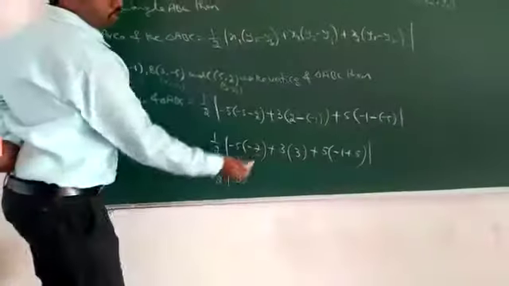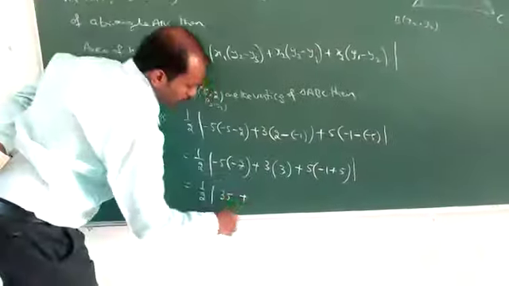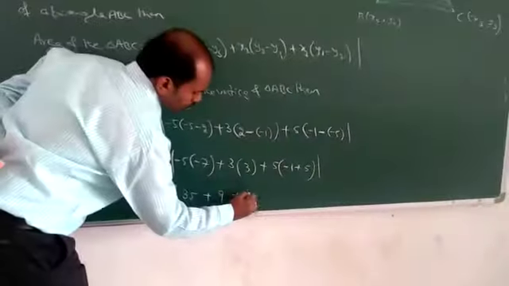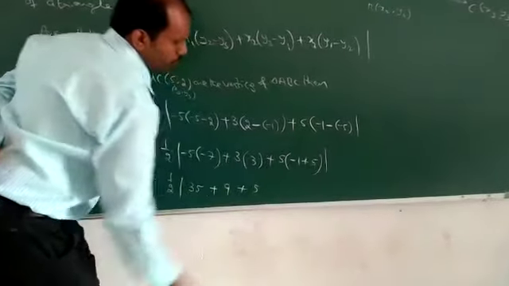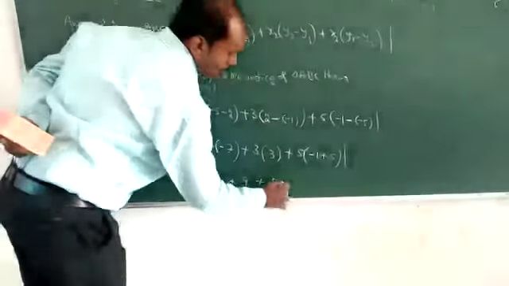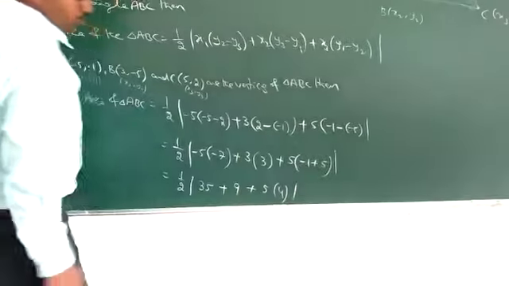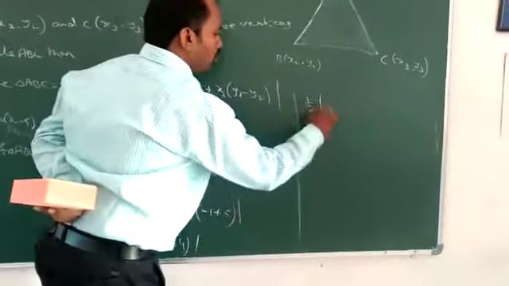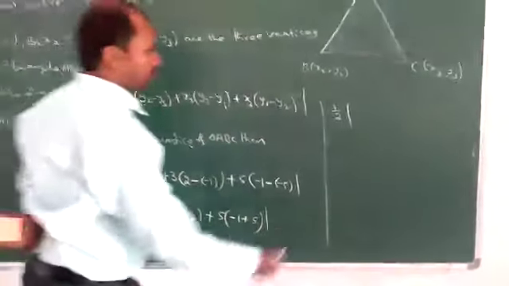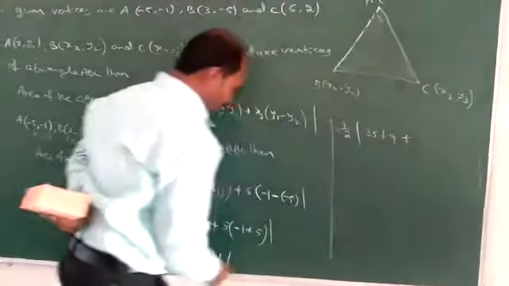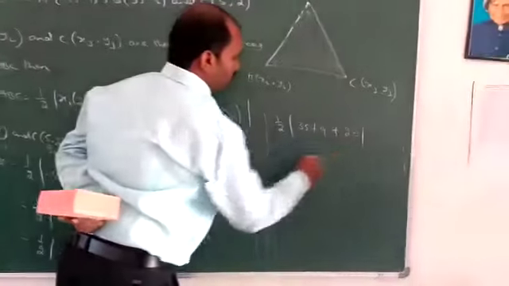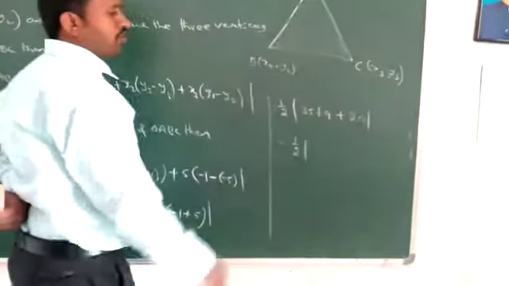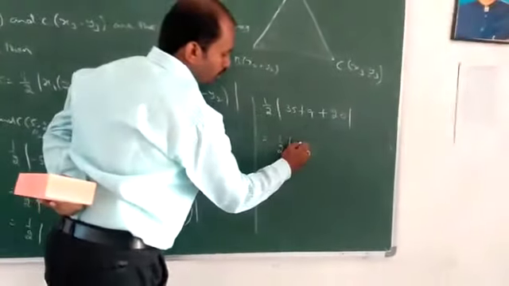Now simplify: modulus of minus into minus plus, 5 sevens are 35. First term over. Second term plus 3 threes are 9. Now the third term is 5 into 5 minus 1, in bracket value 4, so 5 fours are 20. That equals half into modulus of 35 plus 9 plus 20. 35 plus 9 means 44, 44 plus 20 equals 64.